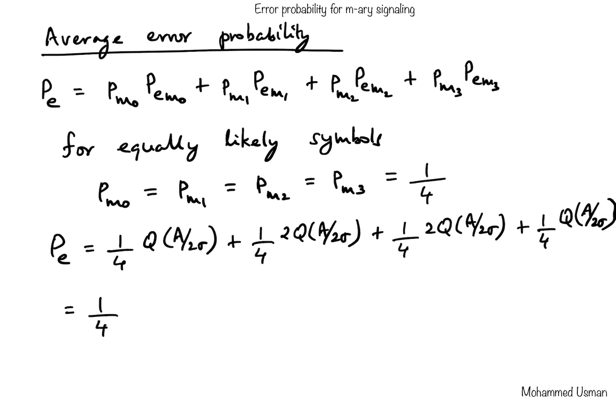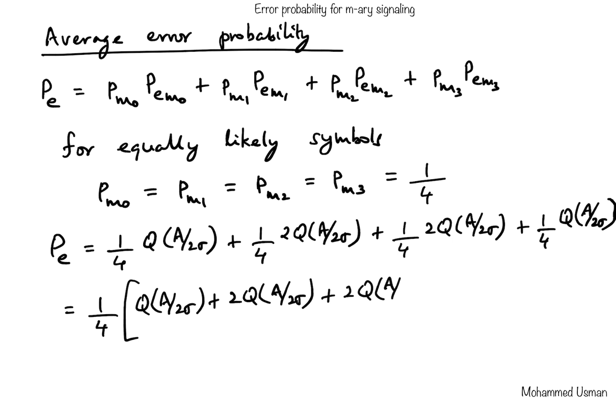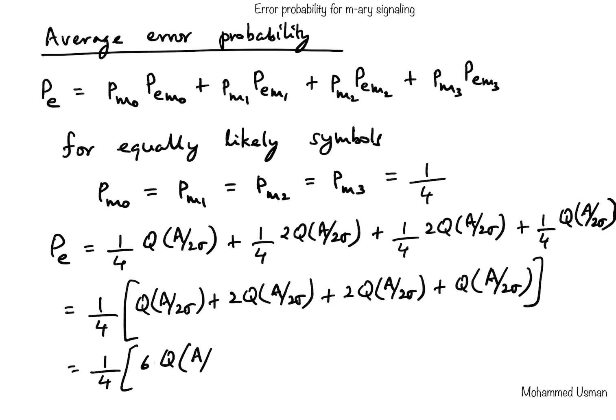So now we have the expression for the average error probability, which we just need to simplify. We take the 1 by 4 as a common factor, which gives Q of A by 2 sigma plus 2Q of A by 2 sigma plus 2 times Q of A by 2 sigma plus Q of A by 2 sigma, which is equal to 1 by 4 times, that's Q plus 2Q is 3Q, 4Q, 5Q, plus Q is 6 times Q of A by 2 sigma.